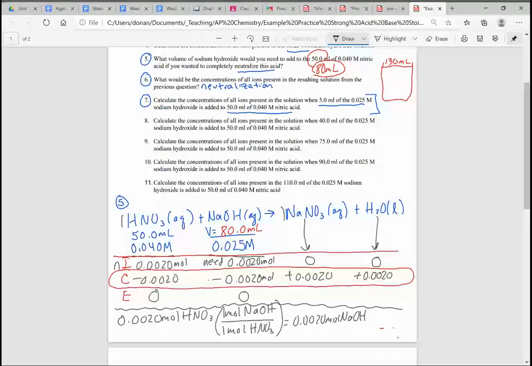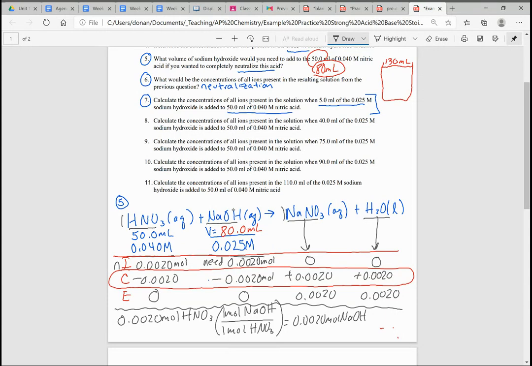I mean, there was water in the beaker, but in terms of this reaction, I'm forming sodium nitrate and water. So in terms of the reaction, there was no water when I started with the HNO3 and the NaOH. And so I'm making 0.002 moles of sodium nitrate.